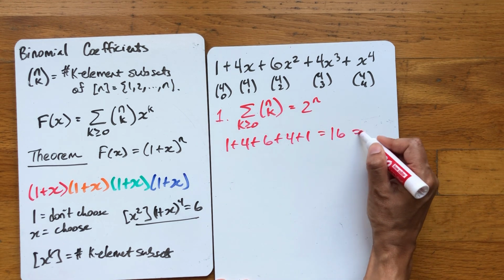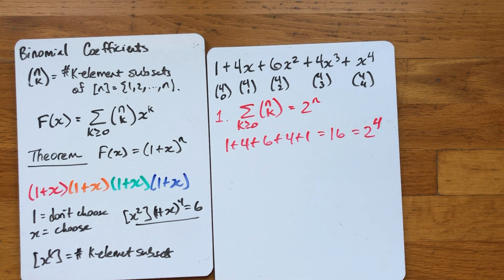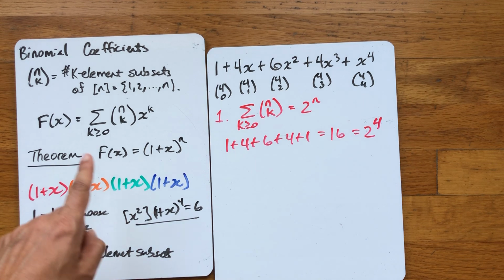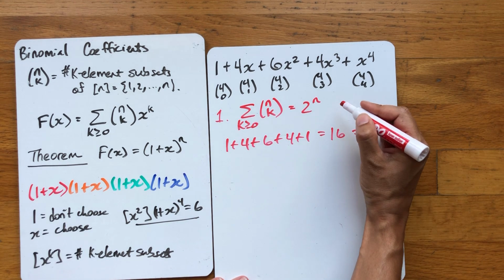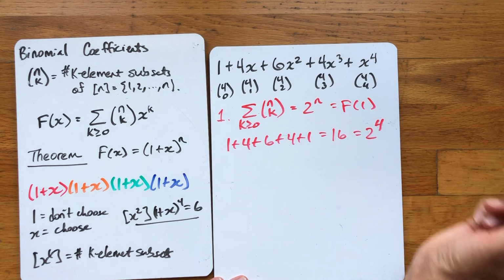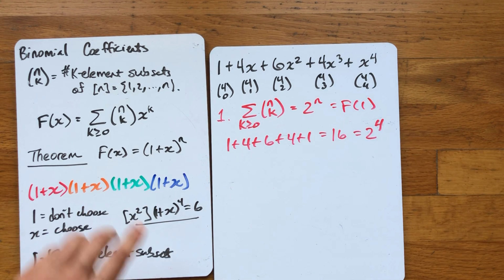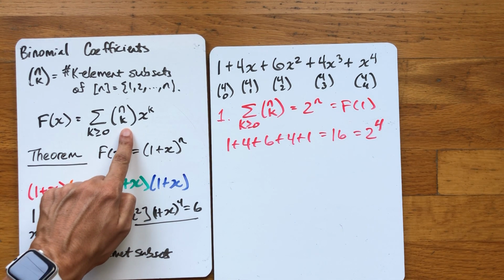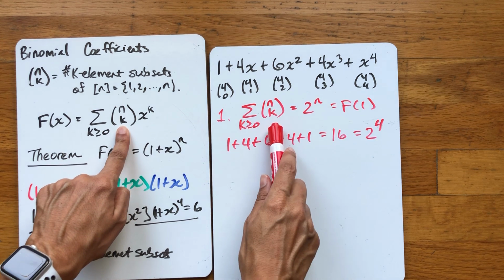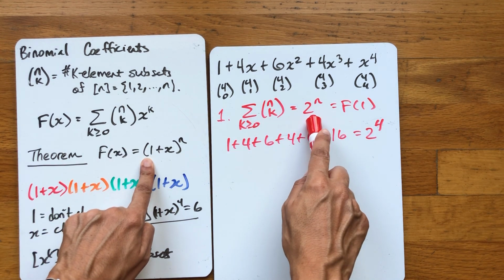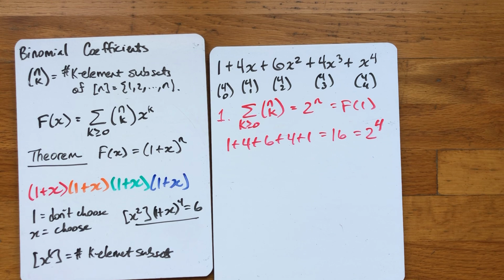This is 16, which is 2 to the 4. Why is that the case? Well, it's the case because really what we're computing is f of 1. If we look at this form, f of 1, yes, we're computing this sum. And on this side, we're just saying (1 plus 1) to the n. And so we can see that that identity is true.